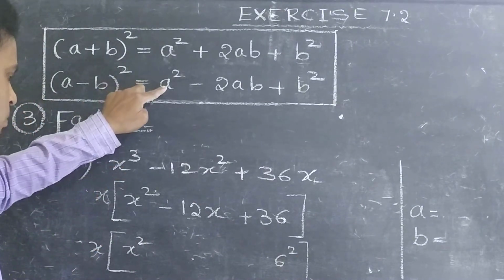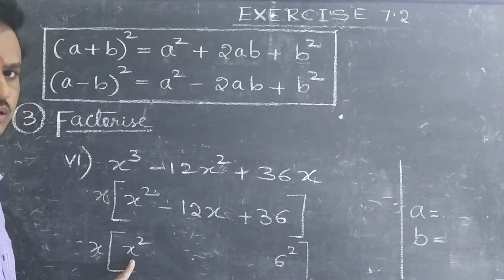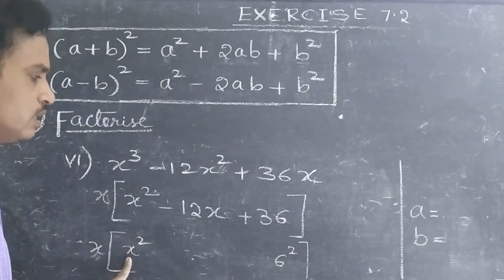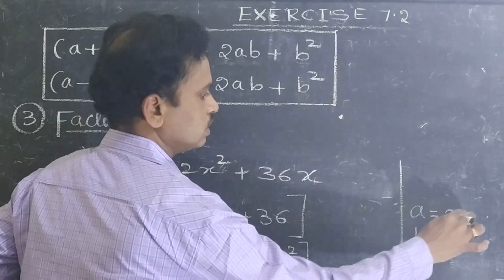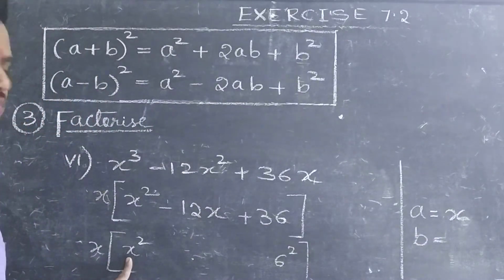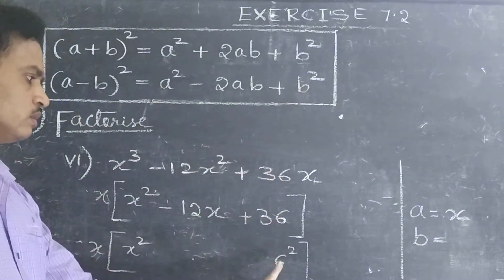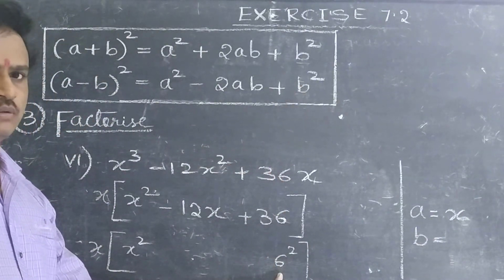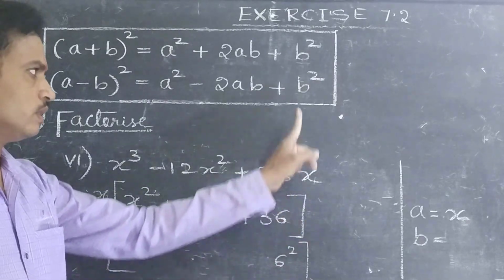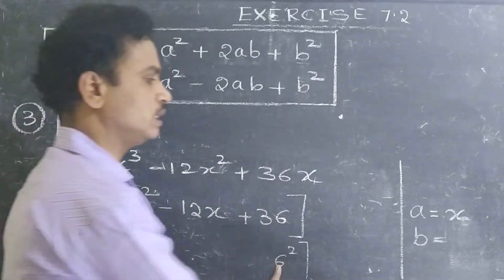Now here a square is x square, so a is equal to x. Then b square is 6 square, so b is equal to 6.